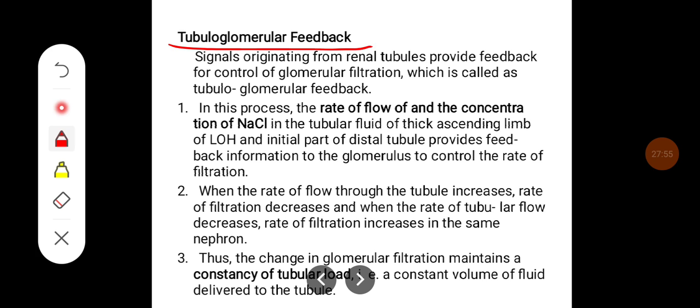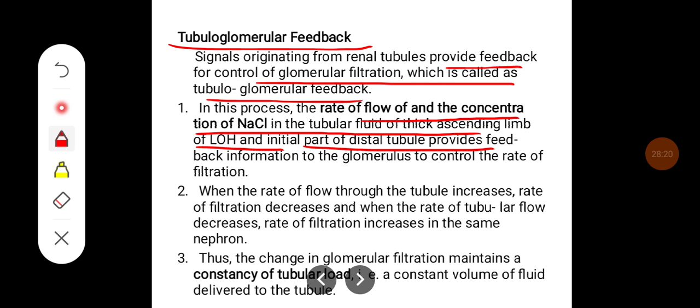Tubuloglomerular feedback mechanism. The signals originating from the renal tubules provide feedback for control of glomerular filtration, which is called tubuloglomerular feedback. In this process, the rate of flow and the concentration of sodium chloride in the tubular fluid of the thick ascending loop of Henle and the initial part of the distal tubule provide feedback information to the glomerulus to control the rate of filtration.